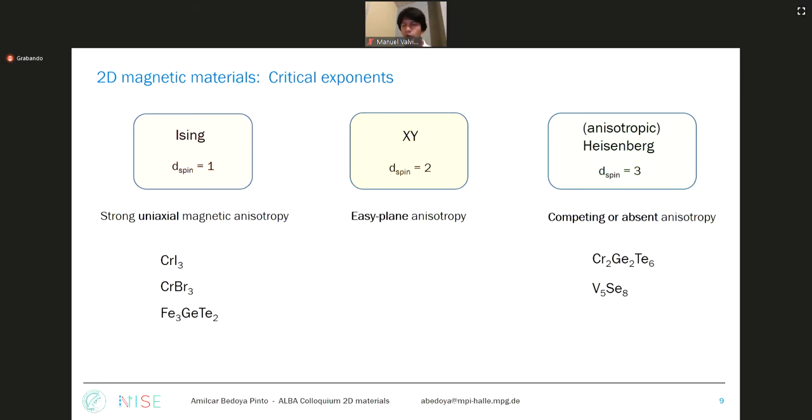So if we look at the current state of the art of van der Waals systems, in the introduction, that was the initial rediscovery of these two-dimensional magnets a few years ago. And there have also been some other studies regarding Heisenberg magnets, such as CGT or vanadium selenide.